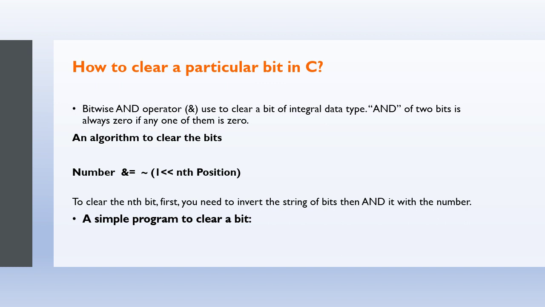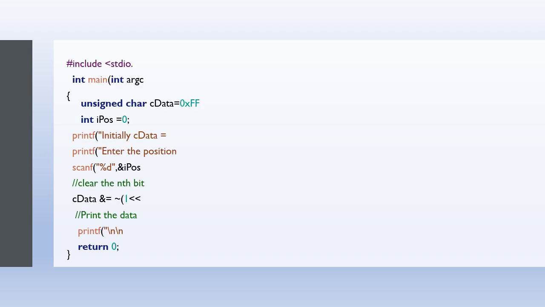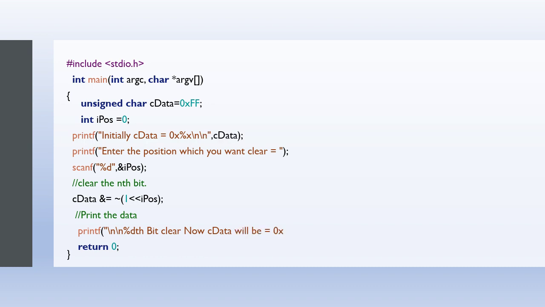To clear the nth bit, first you need to invert the string of bits and then AND it with the number. A simple program to clear a bit can be written like this, with unsigned char c_data = 0xff, int i_position = 0, printf c_data and "enter the position", scanning for i_position. Clear the nth bit: c_data &= ~(1 << i_position) will do the clearing of the bit.